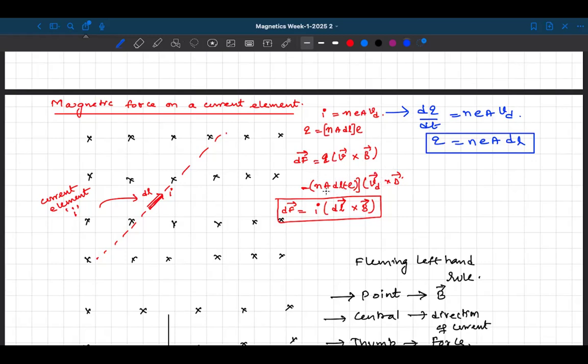Q means NEA dl VD bar cross B bar. And the entire thing, as I just mentioned, is dl bar. I is NEAVD, and that is how I modified the picture. Did you understand?